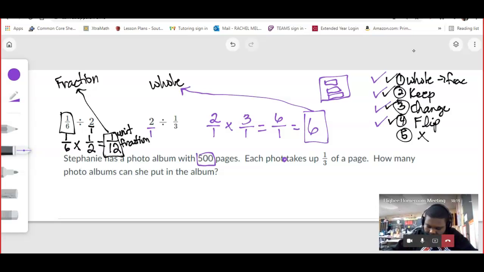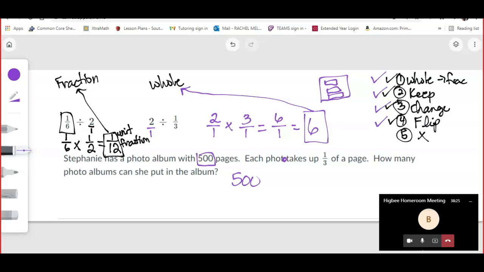So what's going to be my first number, my total? 500, because that's how many pages she has total. And every page has how many pictures? 3. It takes up 1/3, right? So we're going to do 500 divided by 1/3.